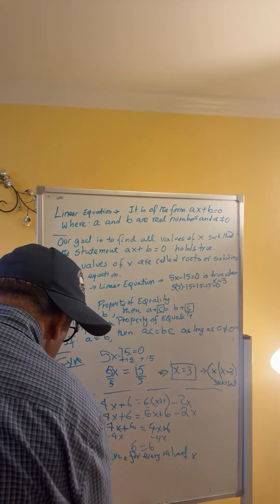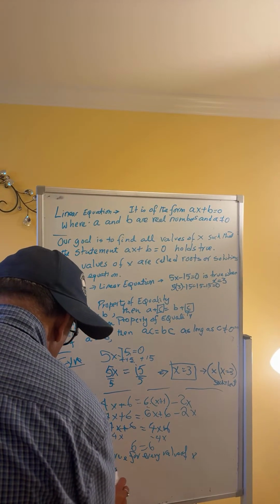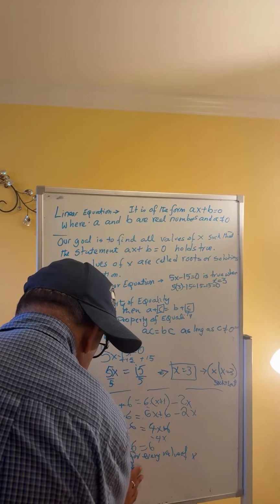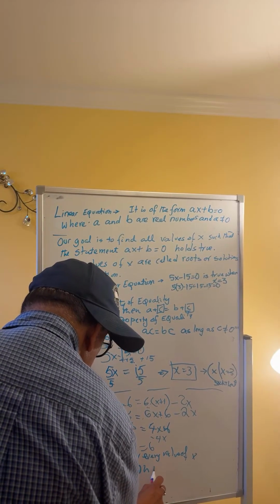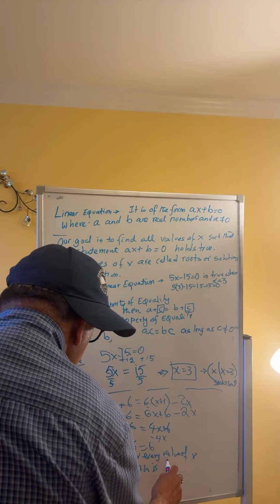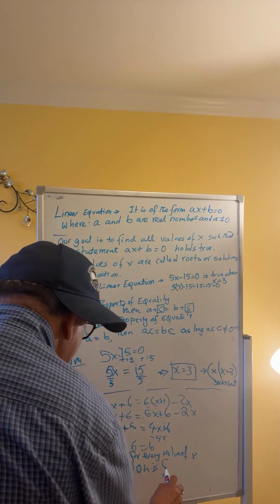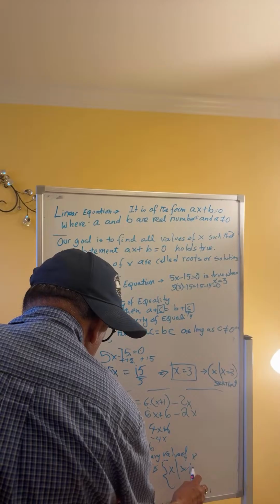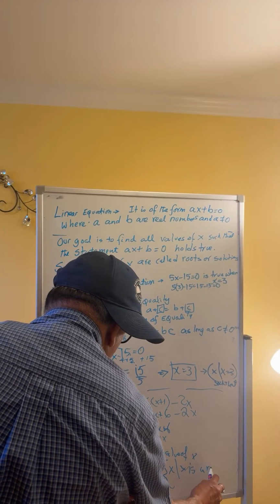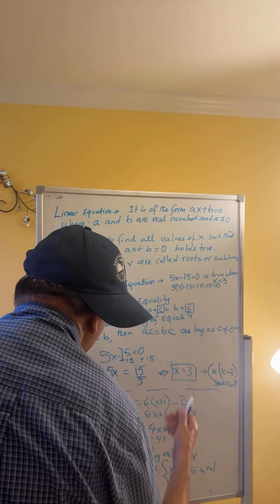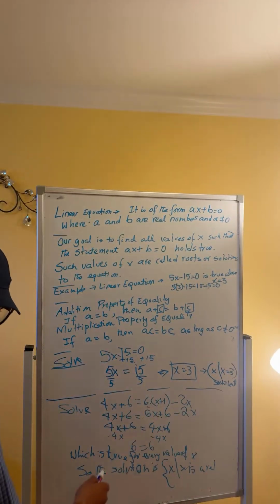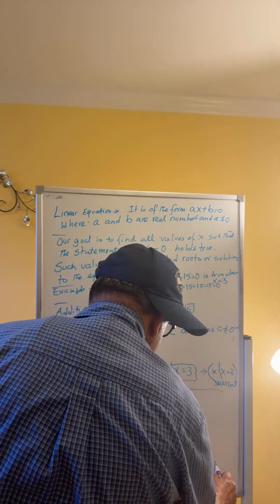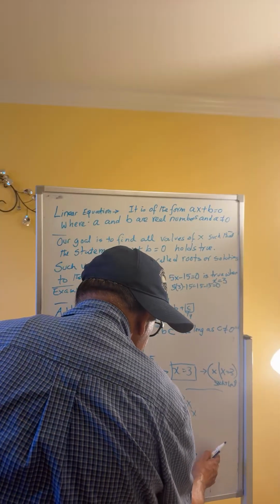So the solution is x such that x is a real number. What does it mean? Because we've ultimately got 6 equal to 6, it is true for any real value of x.